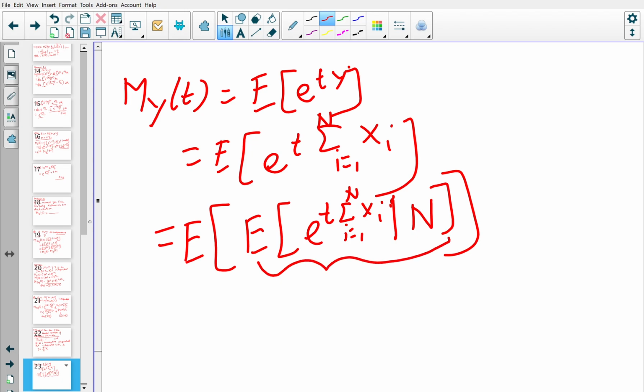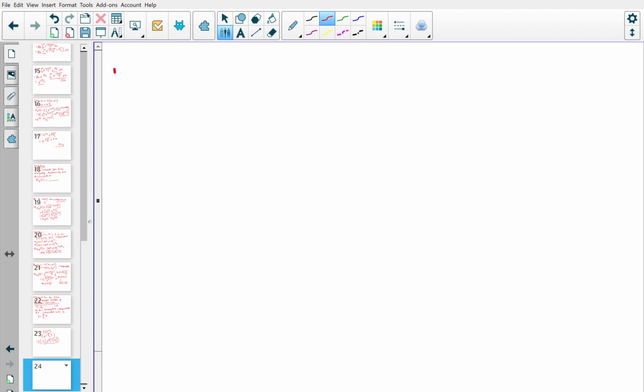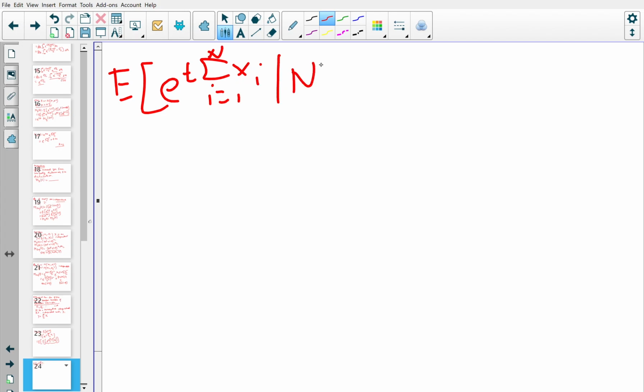We need the expectation of e power t into summation Xi, i equal to 1 to capital N, when N takes the value small n.